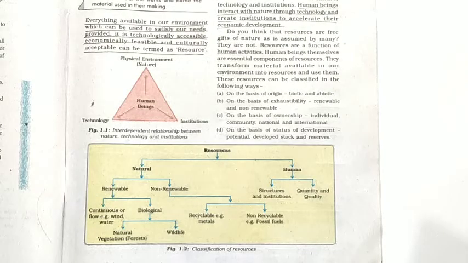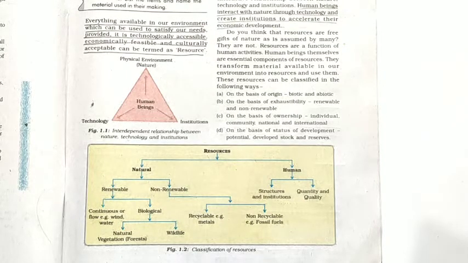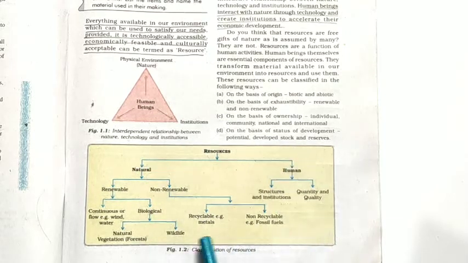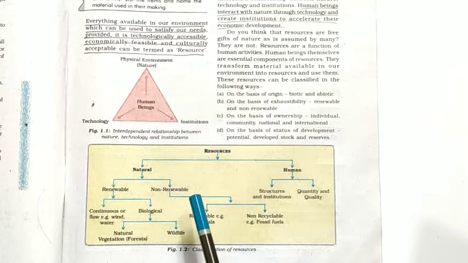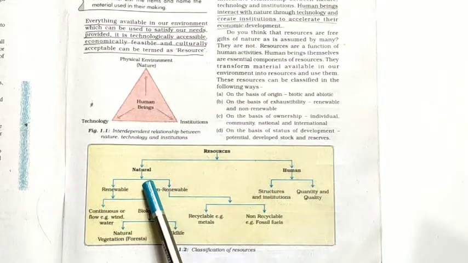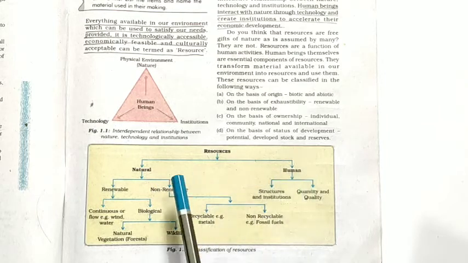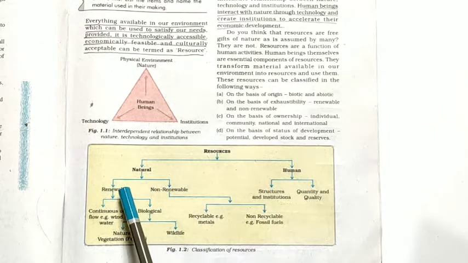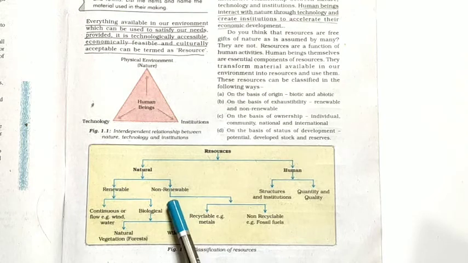Before going further, let us first understand in which form the classification is mainly done. In this given diagram, that is figure 1.2, classification of resources is done in two forms. They are natural and human. Under natural comes renewable and non-renewable.